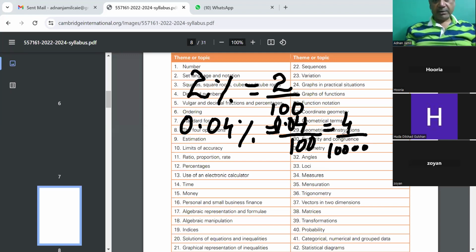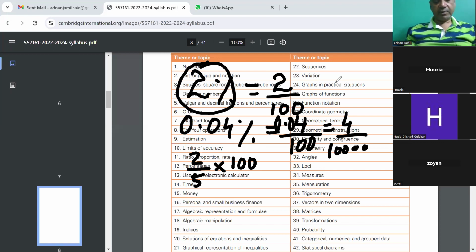So this is basically the first topic, numbers. If it is given as 2 upon 5 and we convert this into a percentage, here we multiply. When we convert a fraction or decimal into a percentage, we multiply by 100. And when a percentage is given and you have to convert it into a fraction, you divide by 100.